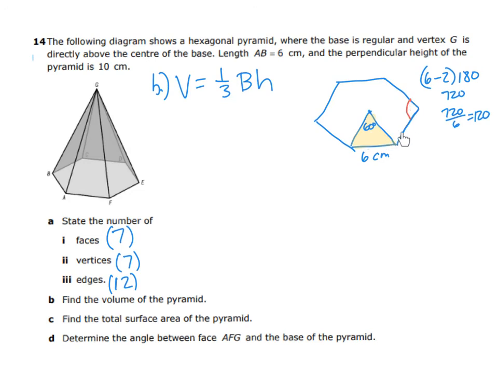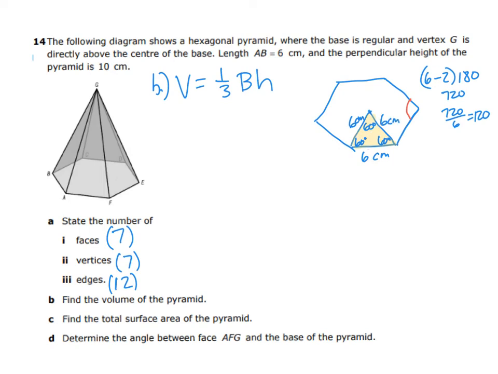So is this angle. But this radius here is going to bisect that angle, which gives me a 60-degree angle here and a 60-degree angle here. So I'm looking at an equiangular triangle, which is also equilateral. So I can call this radius 6 centimeters and this radius 6 centimeters.